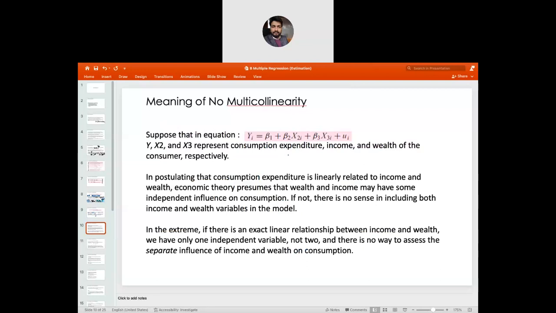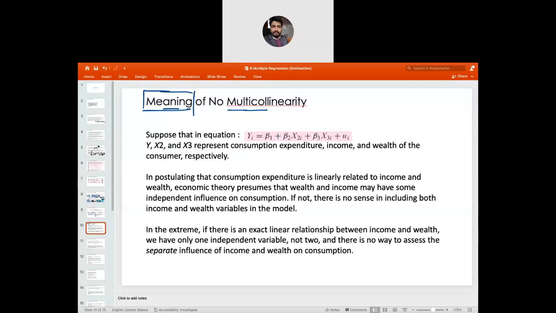What is the meaning of no multicollinearity? You understood the concept, or you understood what is the meaning of the assumption of no multicollinearity. But let us dive a little bit deeper into what it actually means.